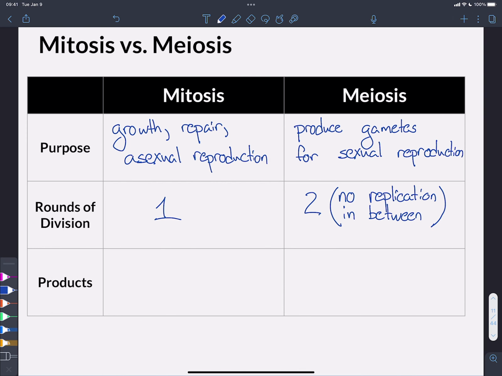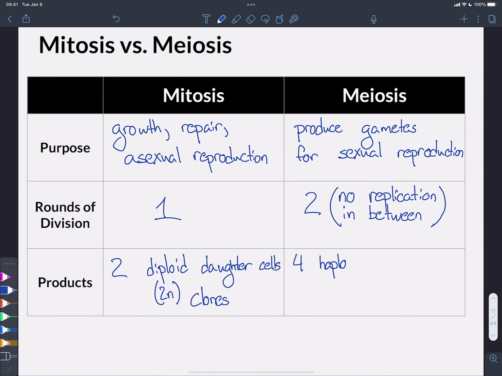And the other major difference is the products that we get. At the end of mitosis, we get 2 diploid, or 2N, daughter cells that are genetically identical. They're clones of each other. Whereas at the end of meiosis, we're going to get 4 haploid gametes. In other words, they're N, and they're each going to be genetically unique.